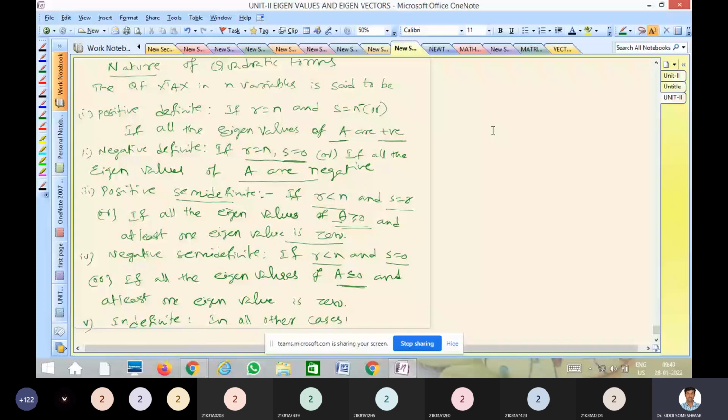Otherwise, by checking the eigenvalues, whether they are positive or negative or containing zero. I hope this is clear for all of you.